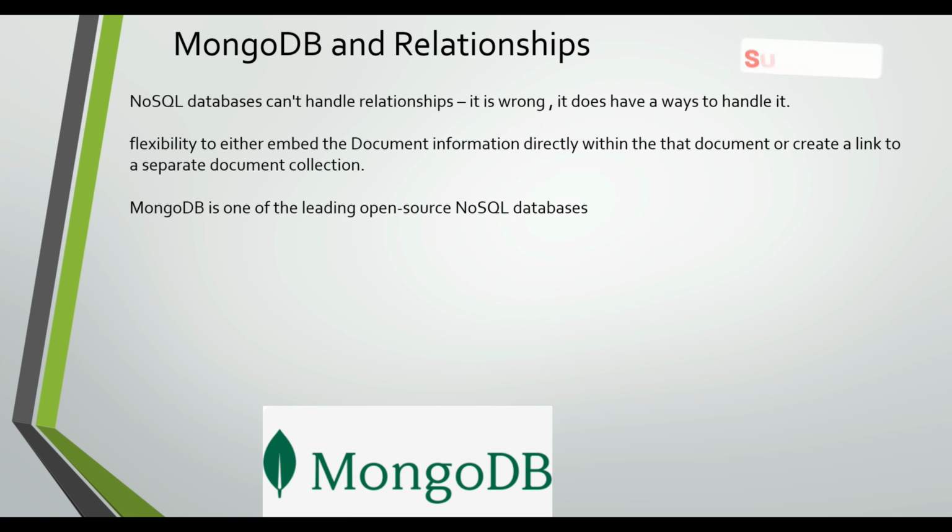In MongoDB, we have to be very flexible. Either we can embed the order information directly inside the user document, or we can create a link to a separate order collection, and it is a different approach. That gives a lot more flexibility compared to the table-based approach. That is the reason people use MongoDB instead of traditional databases.